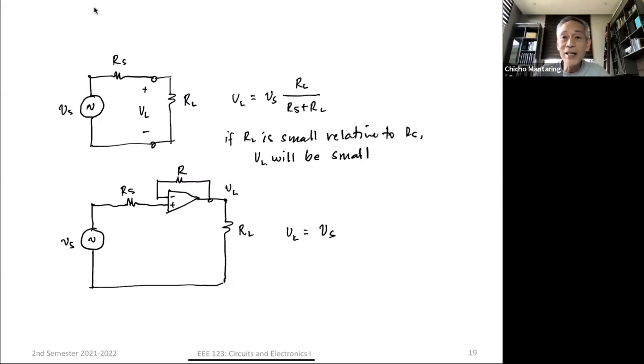So halos hindi mo na makikita yung temperature. So ang gagawin mo, lalagyan mo ng buffer. Para pag kinabit mo ngayon yung sensor, makikita nitong load yung buong value ng sensed quantity. Is there any question with regard to that? I hope you can see the value of the buffer.